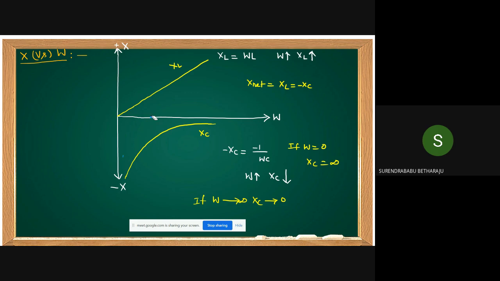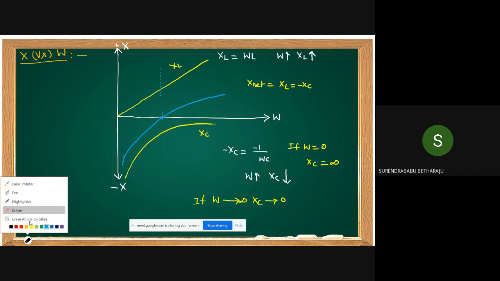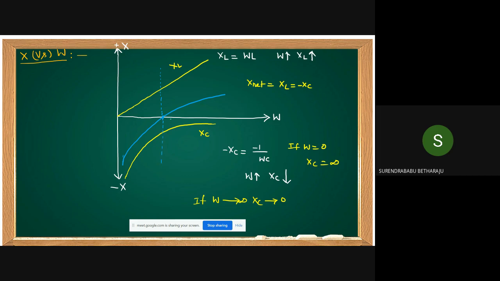This point is taken as omega naught. I draw the current curve, impedance curve, and also the reactance curve. This is at omega naught frequency, corresponding to unity power factor.